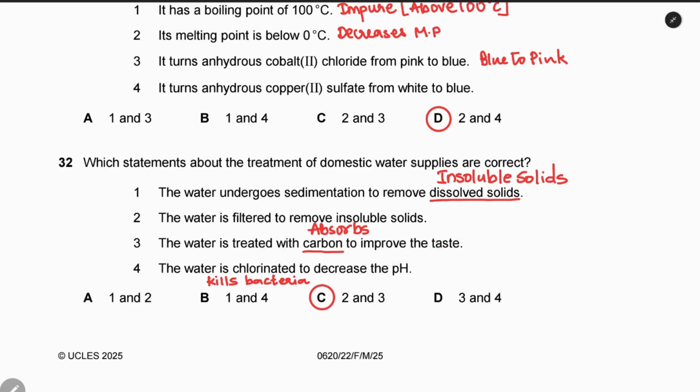Yes, it removes the taste. Why? Because carbon is a good absorber, which absorbs all the impurities and we can get a good taste. The water is chlorinated to decrease the pH? No, chlorine is used to kill bacteria, not to decrease the pH. So the answer is second and third.